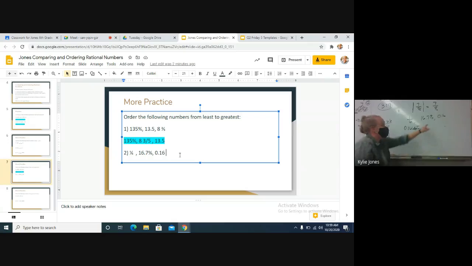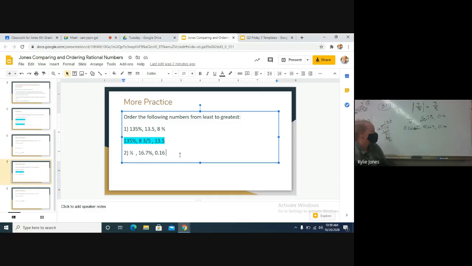If we change 16.7 to a decimal, we need to take our decimal and move it twice to the left. So that's 0.167. And then we have 0.16. So these are all very, very close together, right?